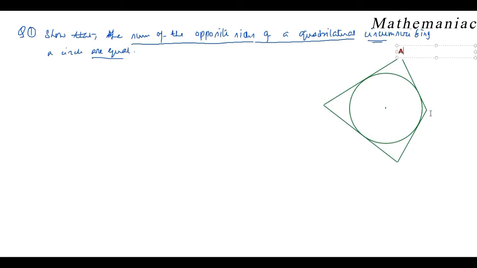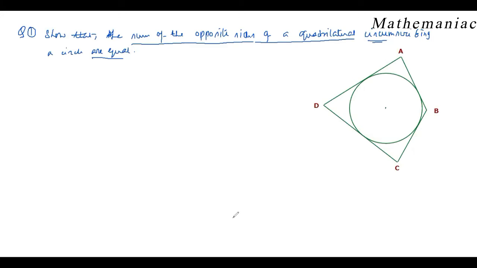Suppose this be A, this be B, this be C, and this be D. At the same time, we need to know the points of contact also.